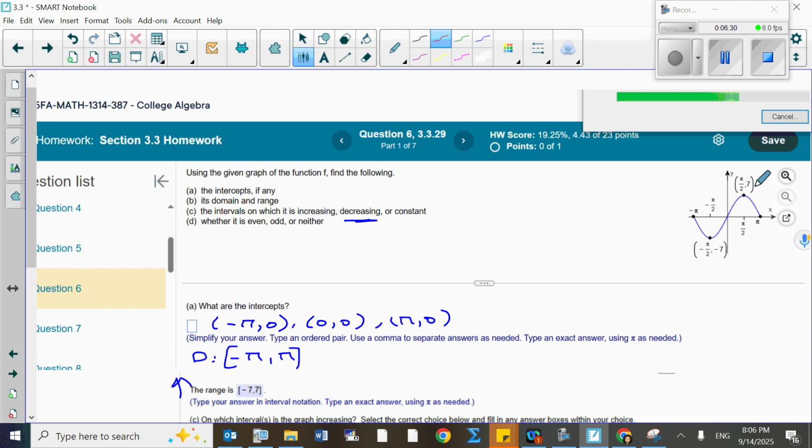Also, if you have pi over 2 and 7, you're going to have negative pi over 2 and negative 7 on that function as well. That means if you have x and y on your graph, negative x and negative y are also on the graph. So this is the second way to identify an odd function.